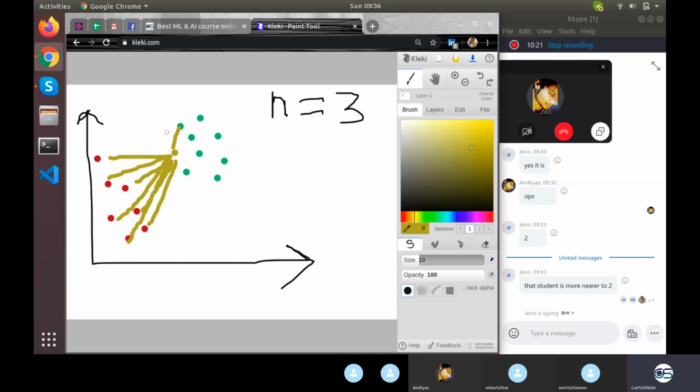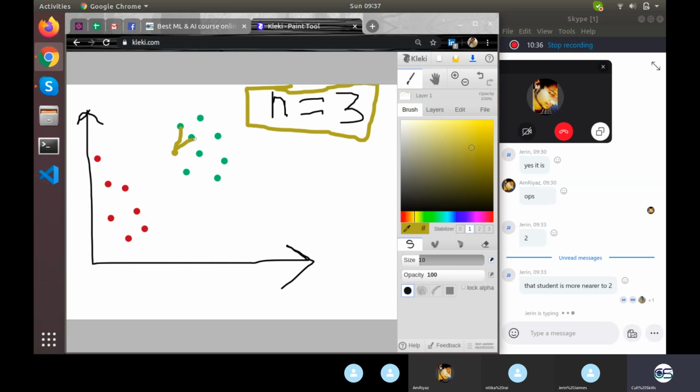At the last, the top n points, where n is the value we set, meaning the shortest n distances, will be kept and the rest will be ignored. So these are the shortest three distances.